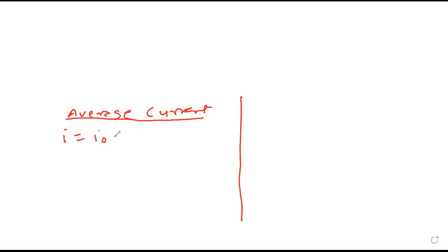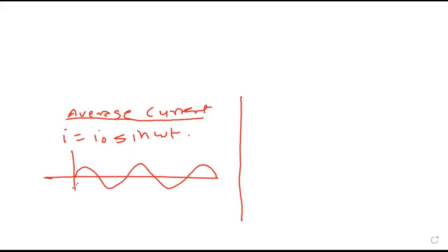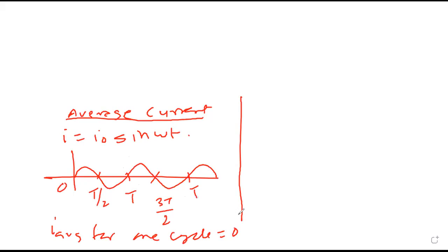I is I0 sine omega t for sinusoidal or AC current. Here time is 0, here time is T by 2, this is T, this is 3T by 2, and this is 2T. One cycle gets over. Now I average for one cycle is equal to 0.